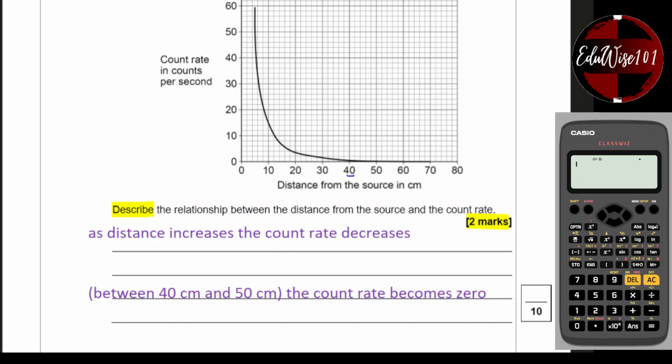That's your second mark. So you can write your answers in bullet points. As distance increases, the count rate decreases is 1 mark. Between 40 and 50 centimeters, the count rate becomes 0 is your second mark. That brings us to the end of question number 3, and I will see you in question number 4.